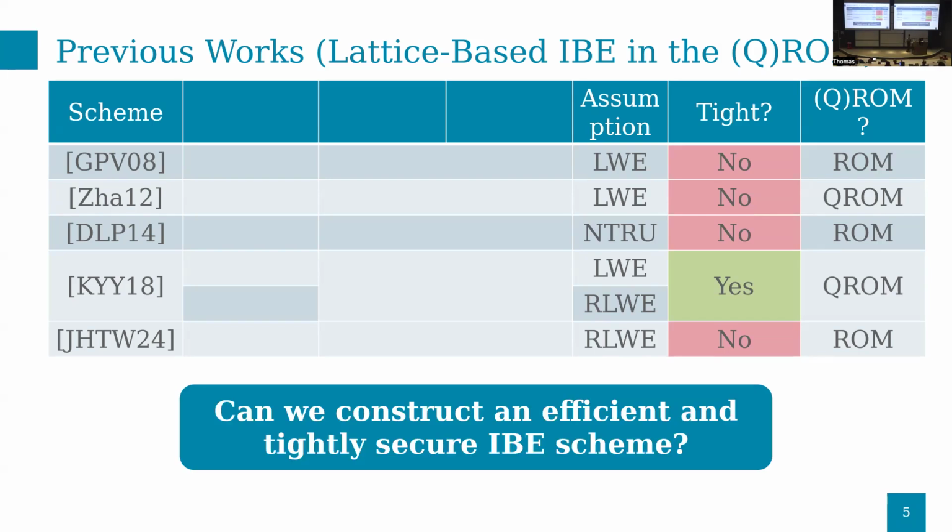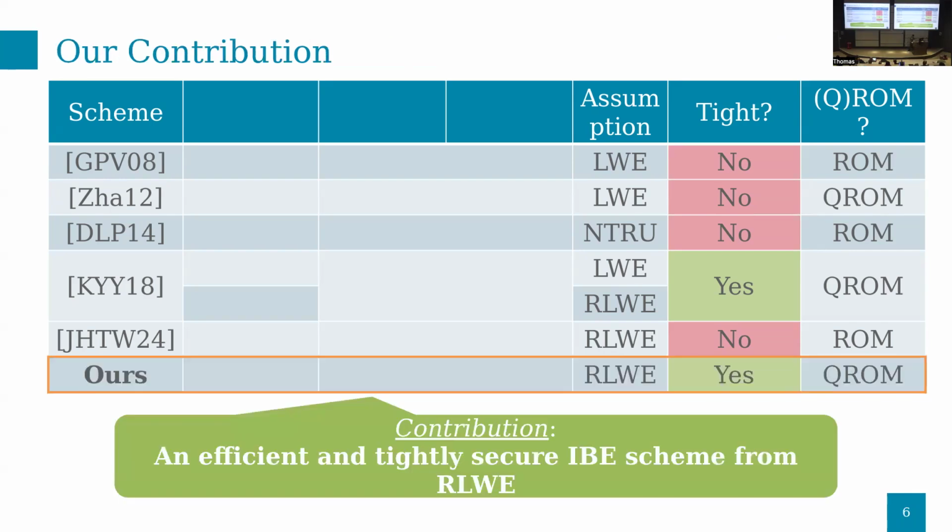So we consider the following problem. Can we construct an efficient and tightly secure IBE scheme from standard lattice assumptions? We have affirmatively answered this problem. We propose a new efficient and tightly secure IBE scheme from RLWE assumptions.